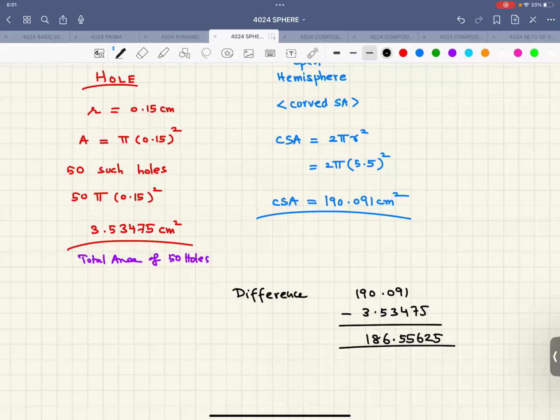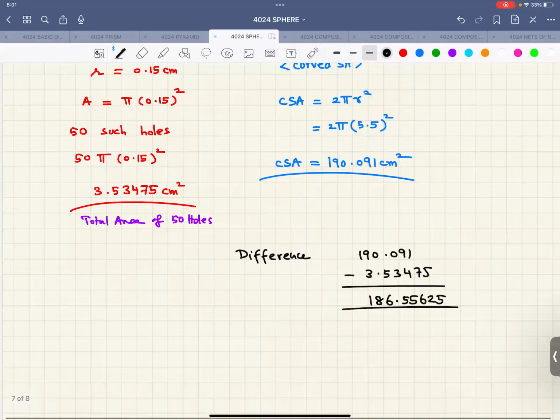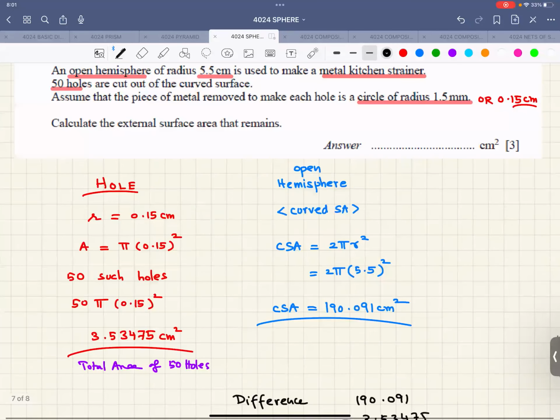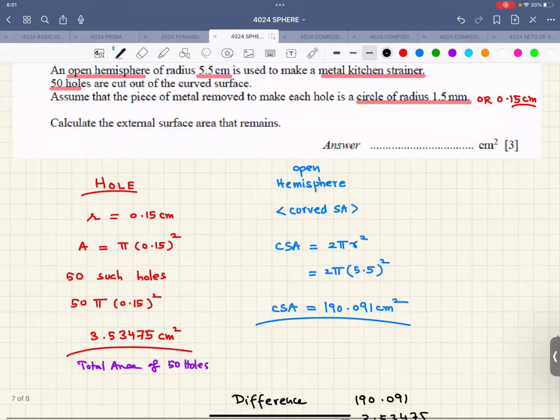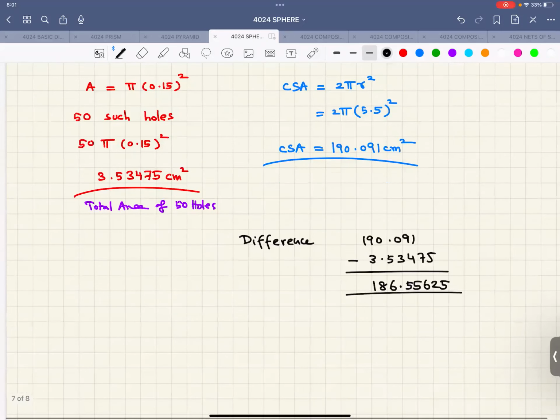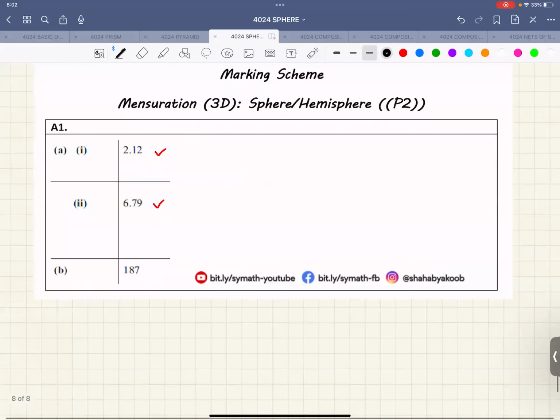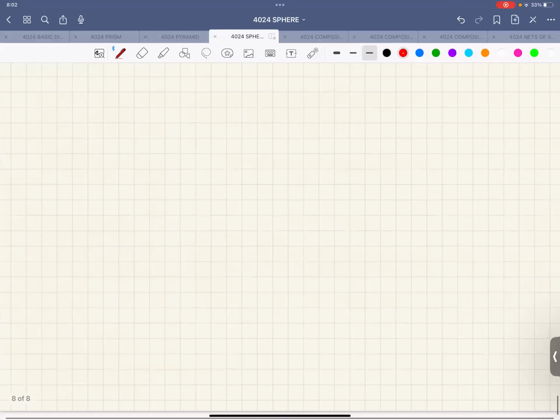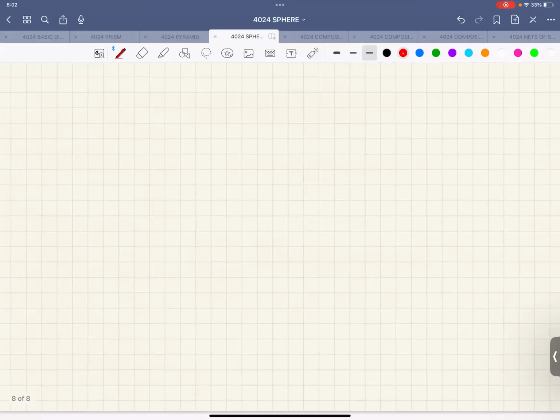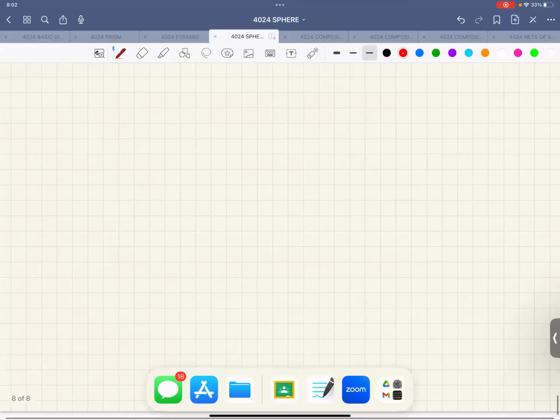That is an exact value, but it does not say anything about accuracy except on the front page. So let me write this thing as 187 centimeters square, correct to 3 significant figures. So that is the answer over here, 187. So that is how we have completed the concept of spheres and hemispheres.